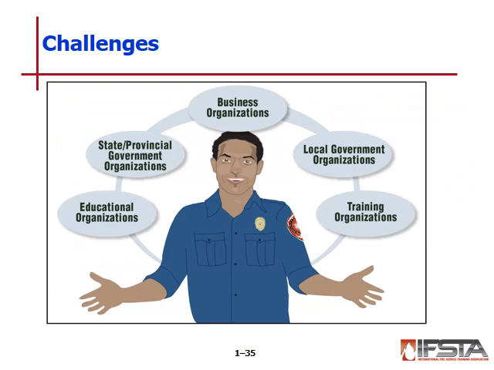So here's a list of individuals or groups that you probably need to have a good working relationship with. Local businesses, for example, maybe you can use their facility for training, or maybe you can get them to donate stuff.